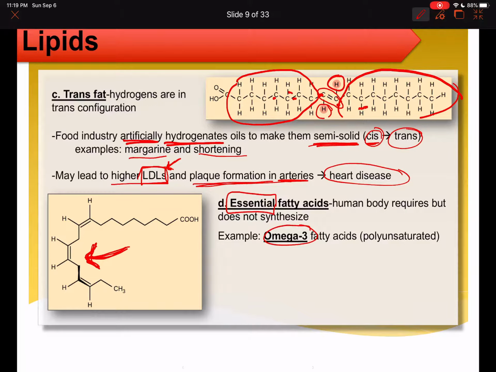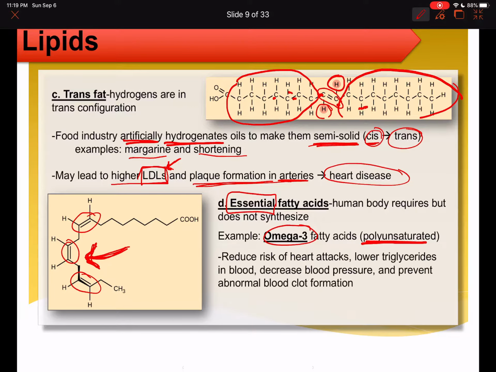These are good examples of polyunsaturated fat. Okay, you see how there is more than one carbon double bond carbon. Okay, so that's what we call polyunsaturated fat, because you can see that there are multiple double bonds within the molecule itself. And polyunsaturated fat is really good for us because of their bulky, unique three-dimensional shape.